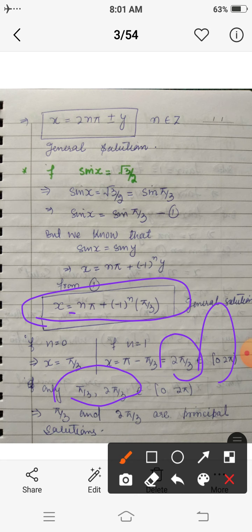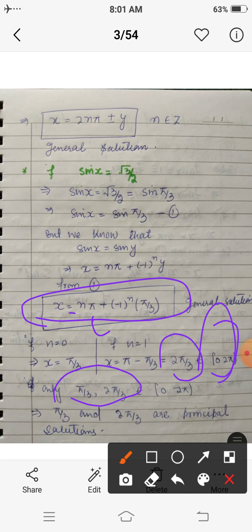while x equals n pi plus minus 1 raised to n, pi by 3 is the general solution. Now here you can also put n equals minus 1, so it is minus pi, minus 1 raised to minus 1 is again minus 1, so minus pi minus pi by 3, that is minus something.